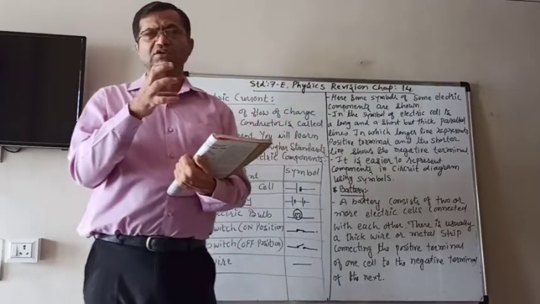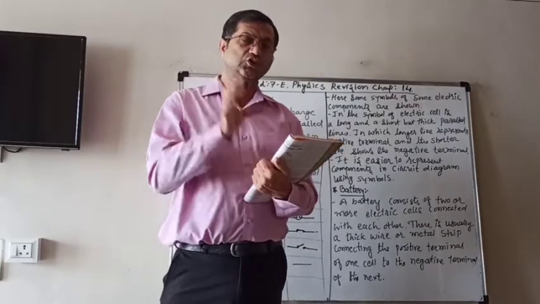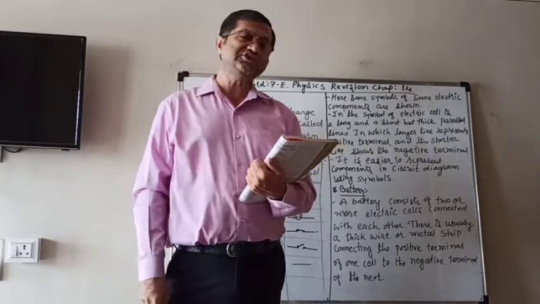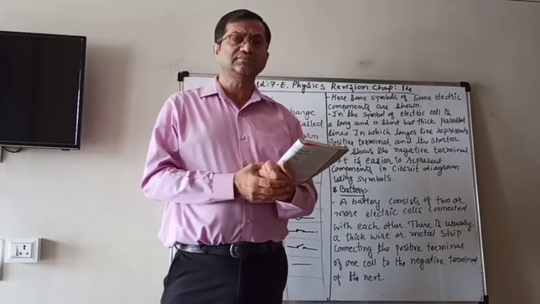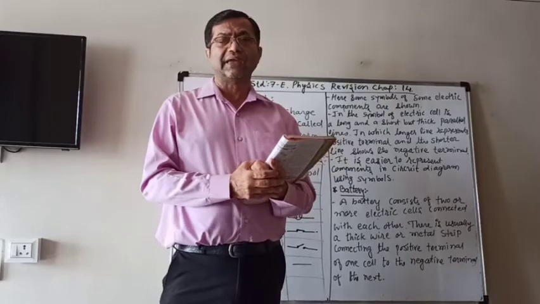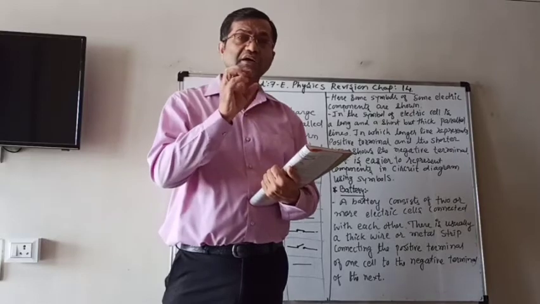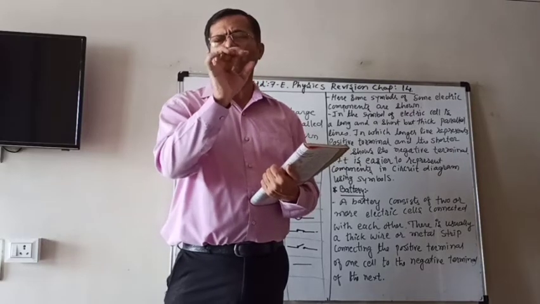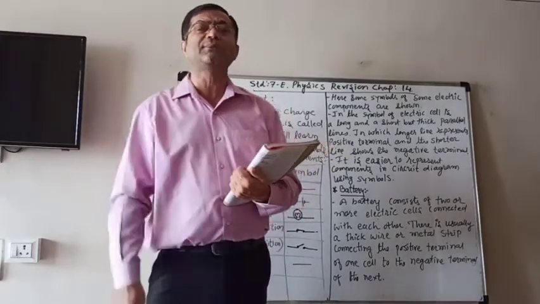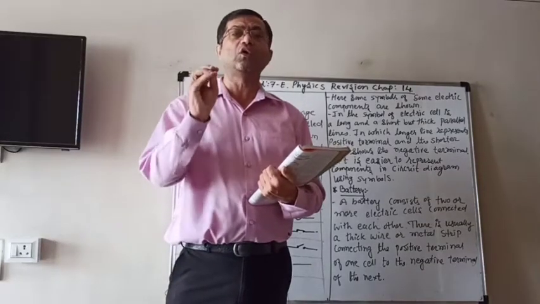In this chapter we are going to learn only a few basic components that are necessary to draw a basic electric circuit, in which maybe a cell, a battery, wires and switches and a bulb. That is the general, very normal electric circuit. So these are the basic components required for a simple closed or open circuit.